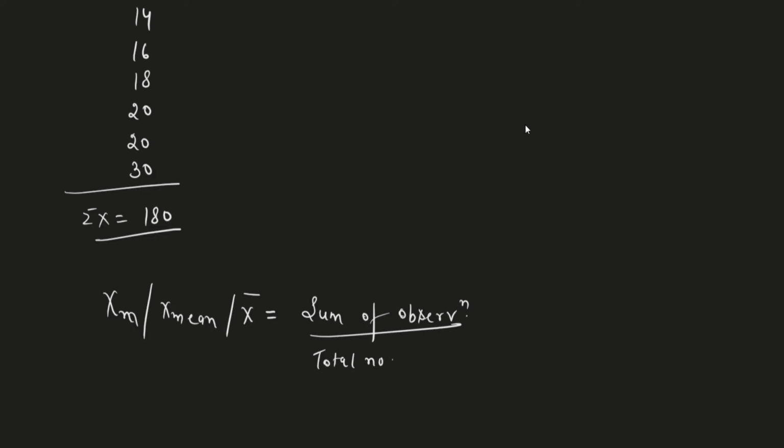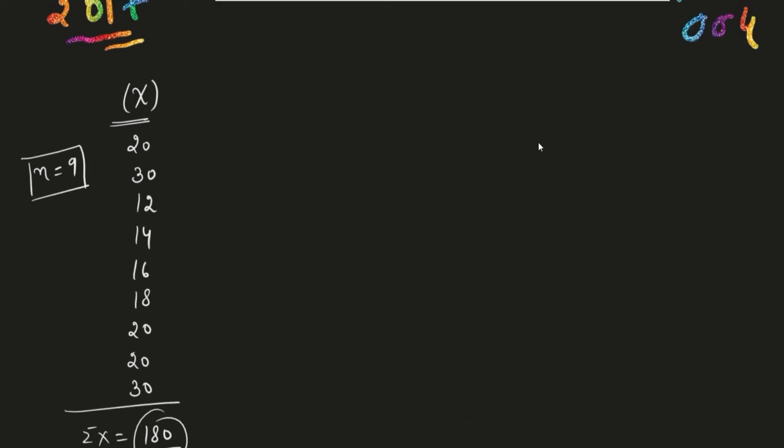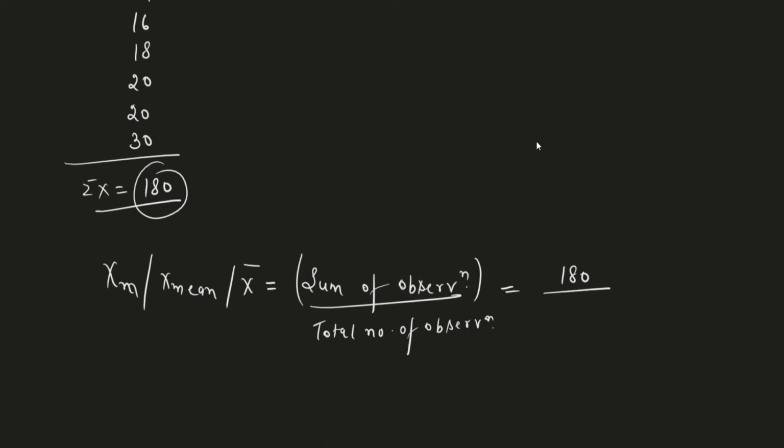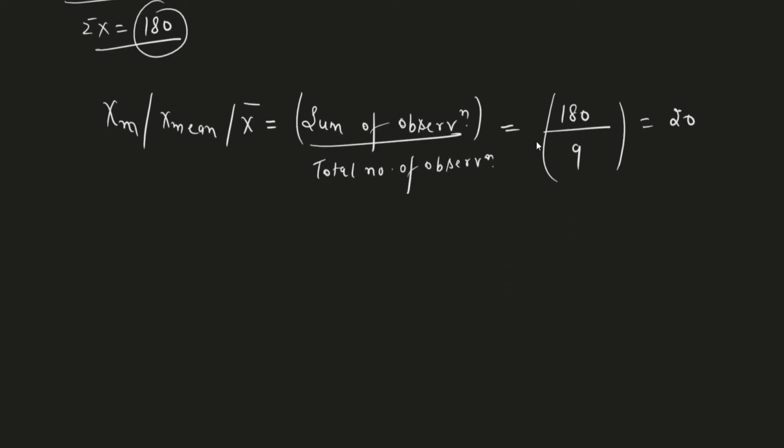Sum of observation is 180 and total number of observation, how many terms in our data? That is 9, right? So 180 divided by 9, which comes around 20. So the value of mean for this data is 20.